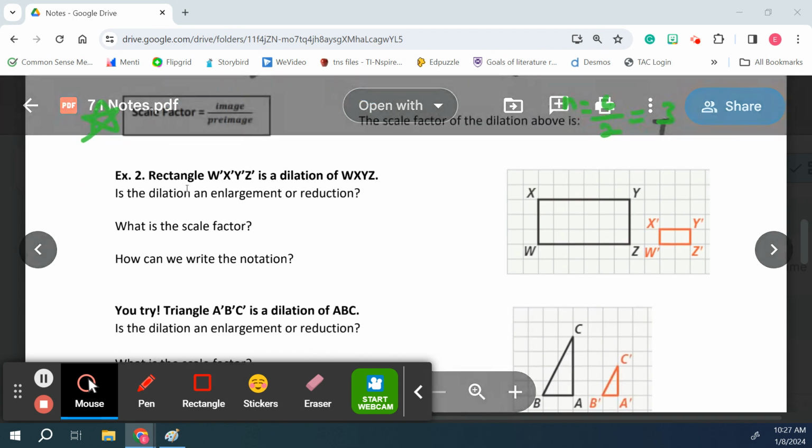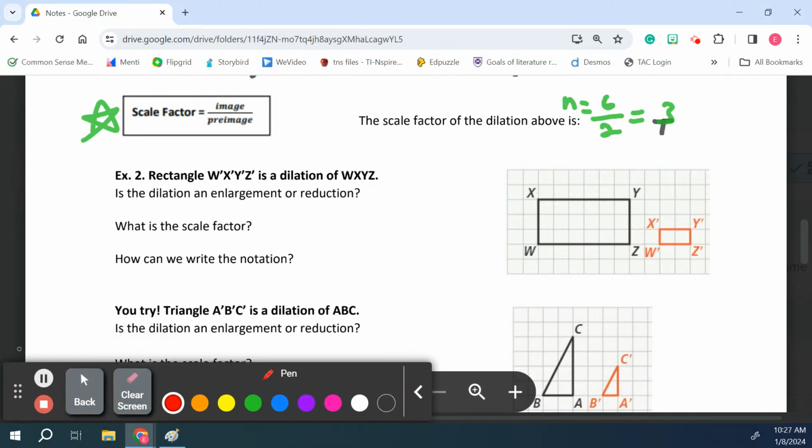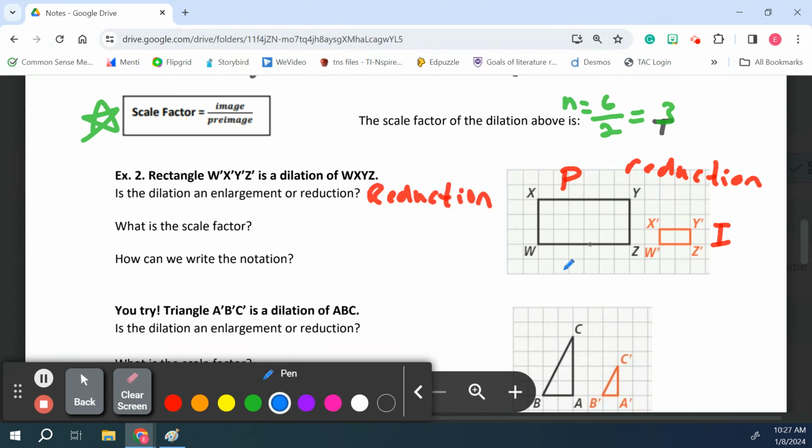All right. This rectangle W prime, X prime, Y prime, Z prime is a dilation of W, X, Y, Z. So again, I'm going to label this. This is my pre-image. This is my image. Looking at this, this is a reduction. It says, was the dilation an enlargement or reduction? It is a reduction. That's easy enough. What is the scale factor?